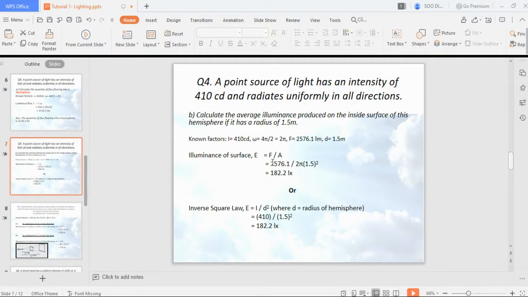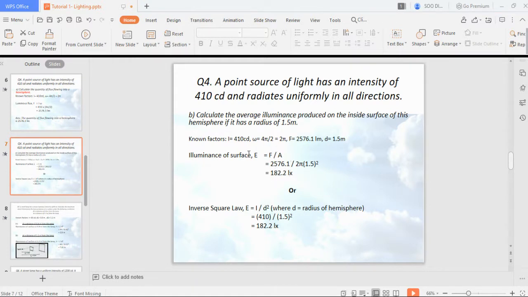Okay, so for part B, you have to calculate the average illuminance produced on the inside surface of this hemisphere if it has a radius of 1.5 meter. So this radius 1.5 meter is the D. Okay, so there's 2 methods to obtain the answer.